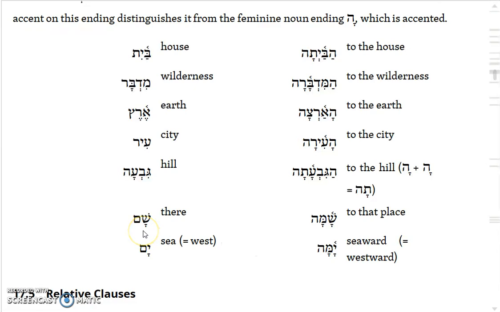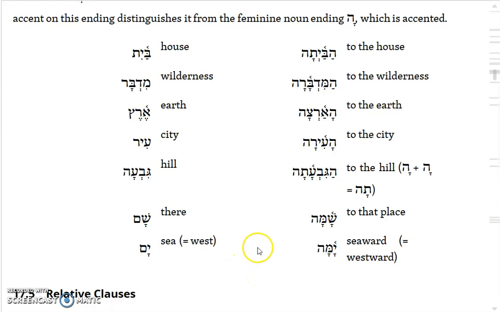One that's real common is sham, there, and then shama is to there. Old English would use the word thence. And then yam, sea, you have yamma, towards the sea. And so that's the old accusative ending and directive hey.